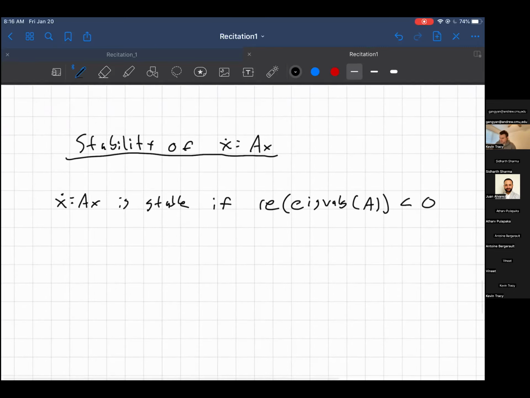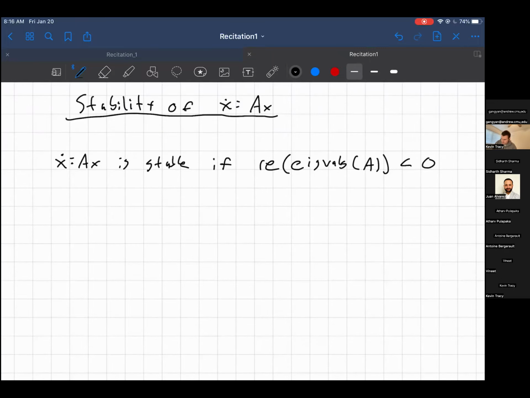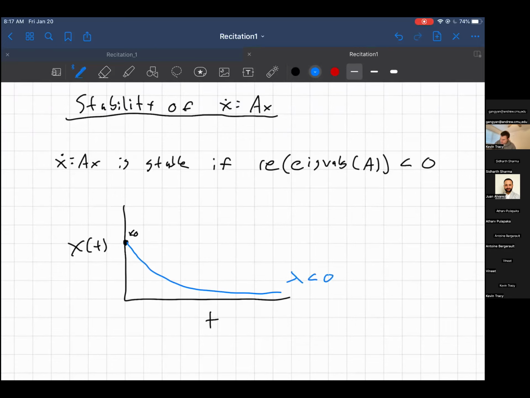And so what we'll see is that when I talk about stability, what I mean is that if I have x of t, this function of t, and say I have some initial condition here, x0, this would be an example of stable behavior. So this is for the eigenvalues less than 0. If the eigenvalue was greater than 0, this thing would blow up.